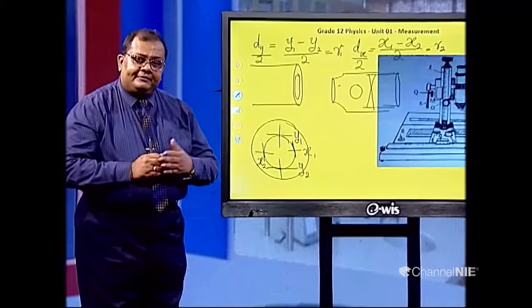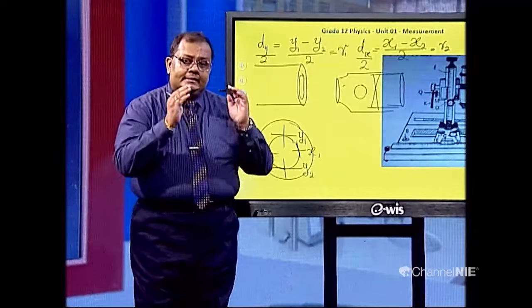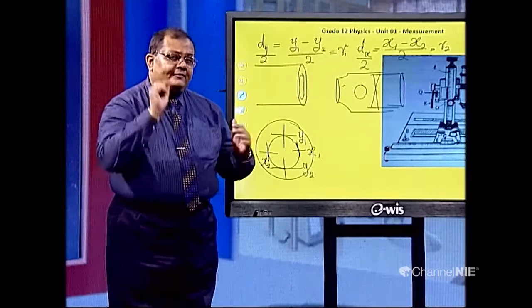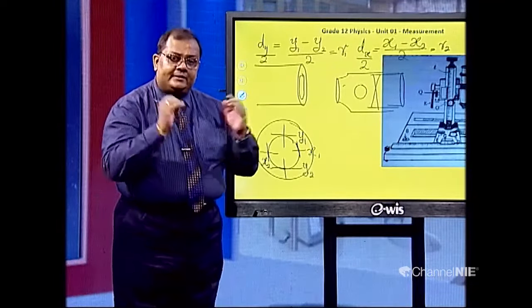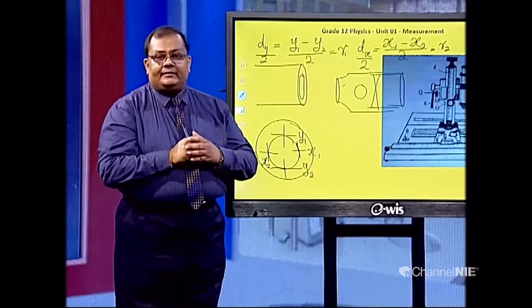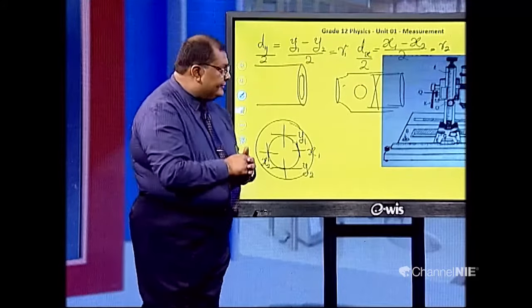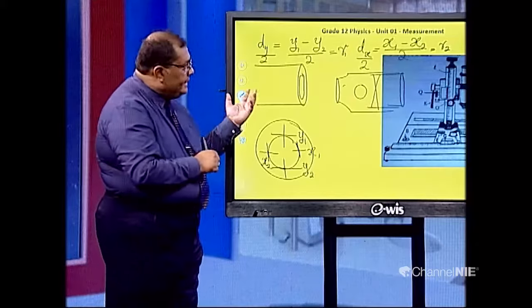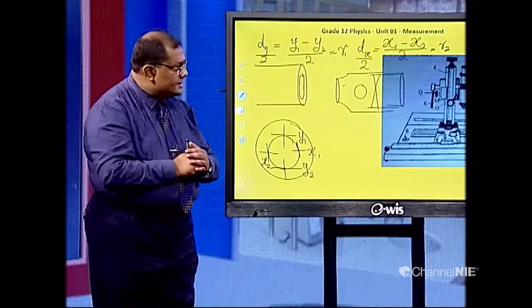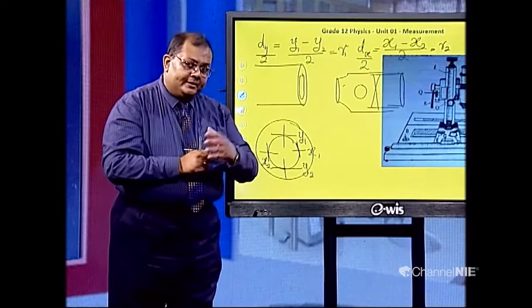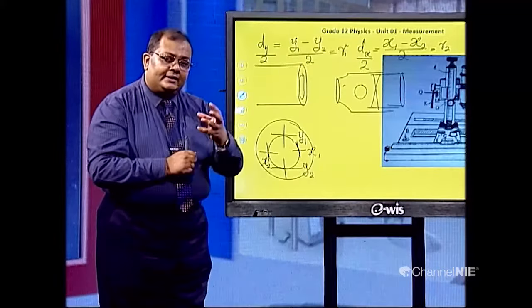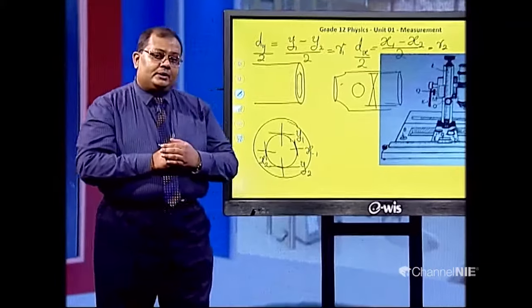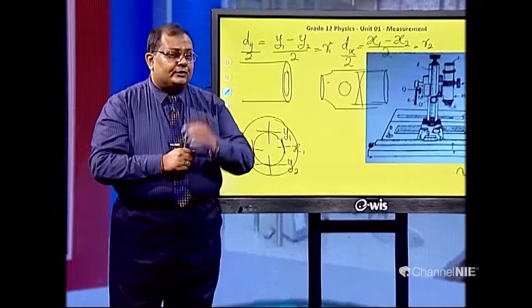Now we are going to find the internal and external thickness of a rubber tube. External diameter we can find, internal diameter we can find, and the thickness of a rubber tube. Same way we have to do that also. I am going to explain again. If you are given a rubber tube, then you have to take another reading to find the thickness.